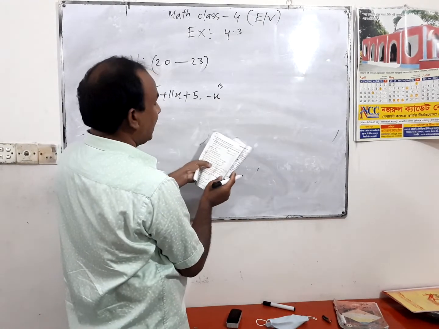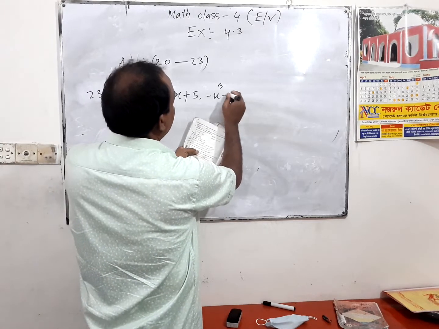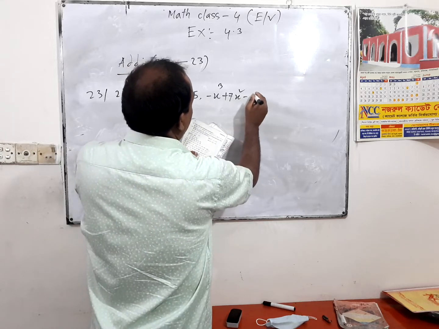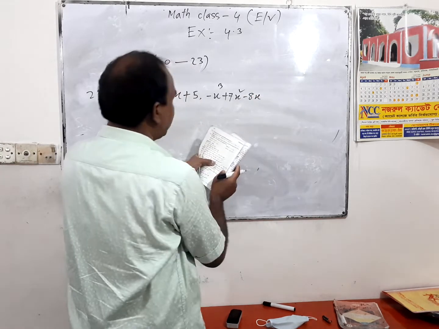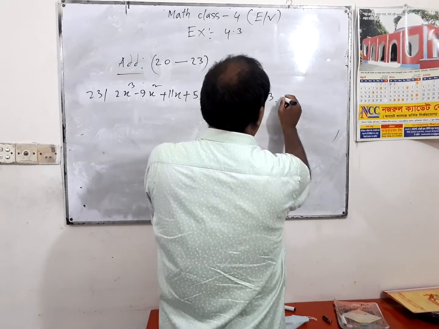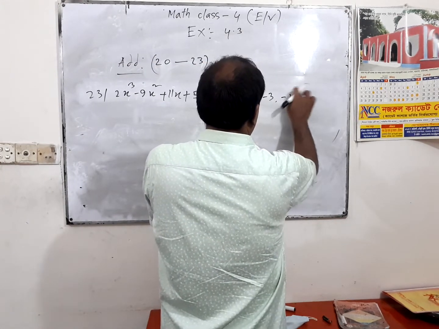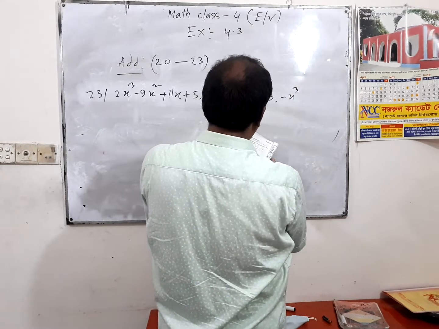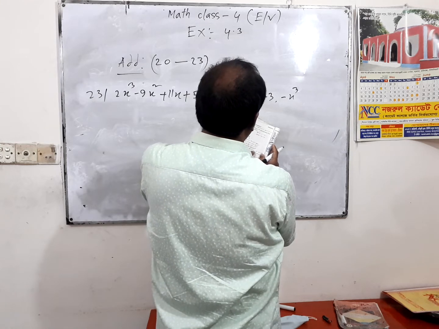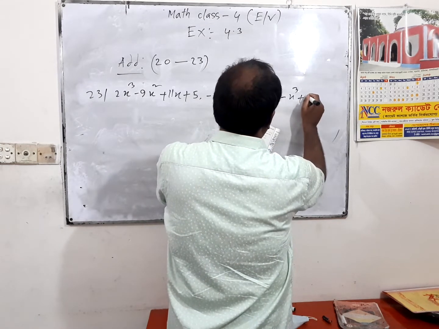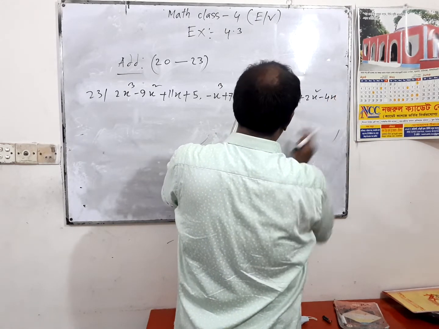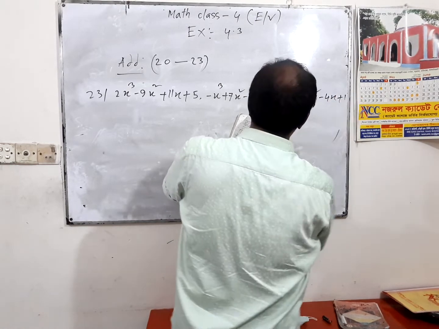Another term is minus x cube plus 7x square minus 8x minus 3, and the third term is minus x cube plus 2x square minus 4x plus 1.